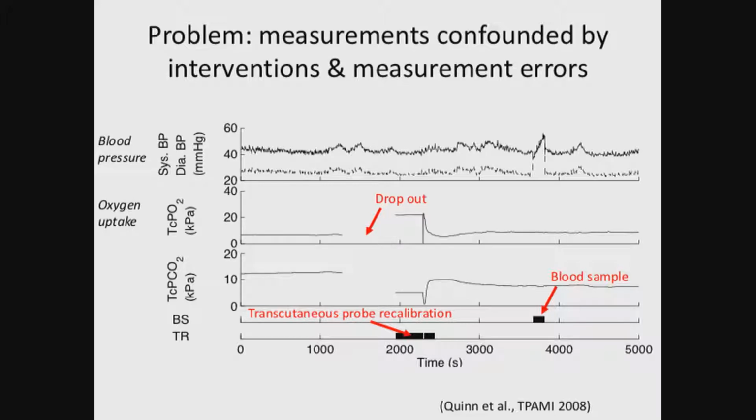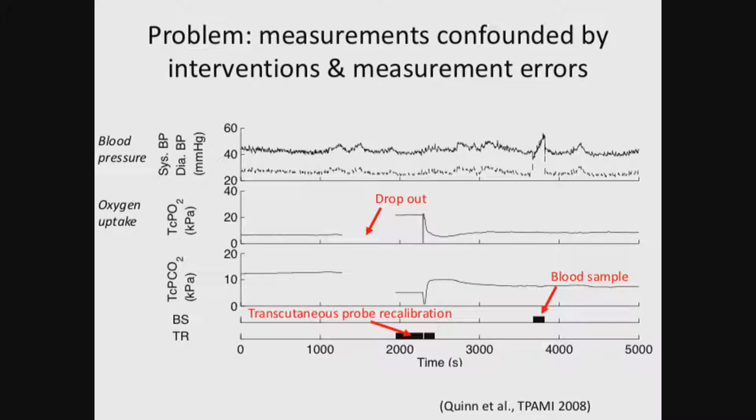Here, in this oxygen uptake, we notice how between roughly 1,000 and 2,000 seconds, suddenly there's no signal whatsoever. That's an example of what's called dropout. Over here, we see a different type of the effect of a different intervention, which is due to a probe recalibration. And at that time, there was a dropout followed by a sudden change in the values. And that's really happening due to a recalibration step.